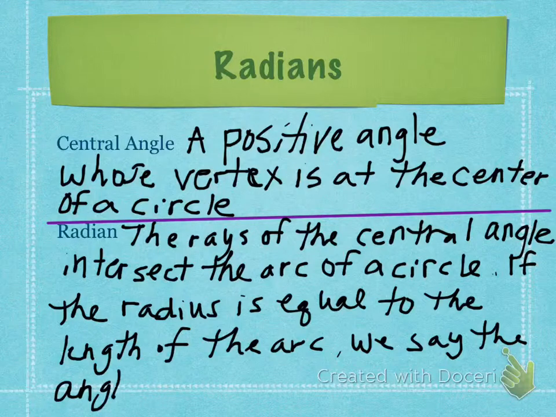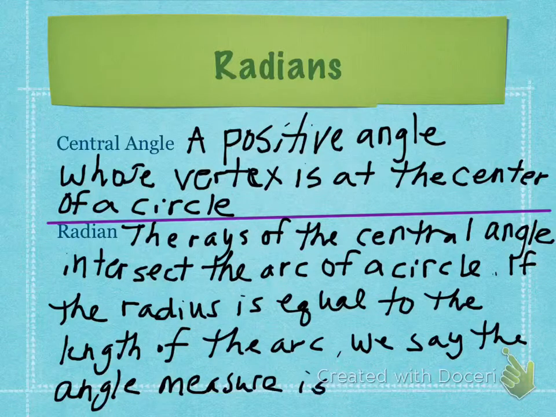The angle measure is 1 radian. All a radian is a number.